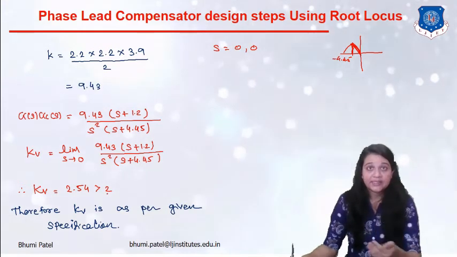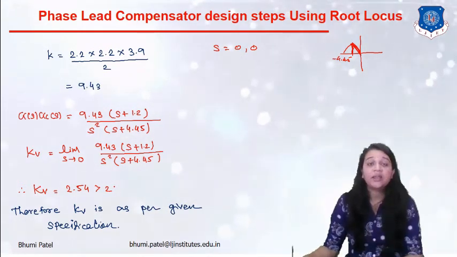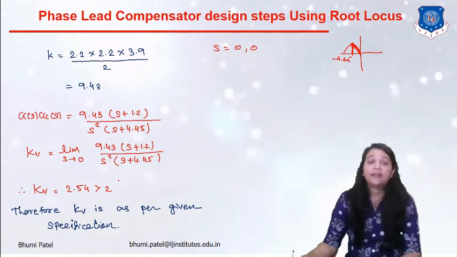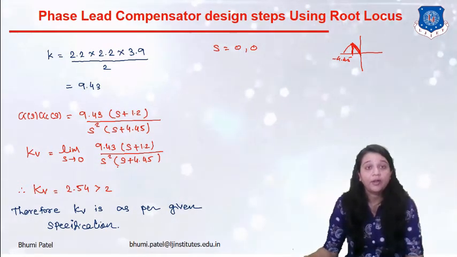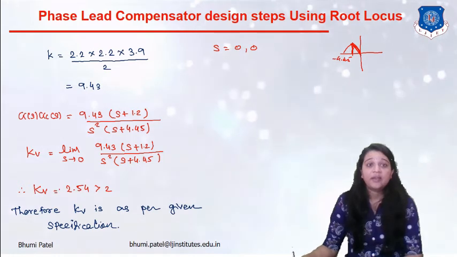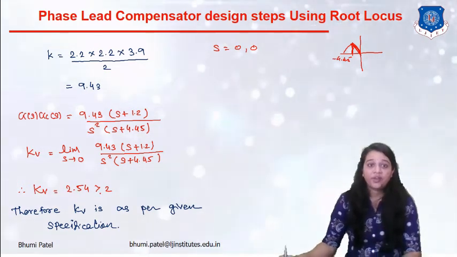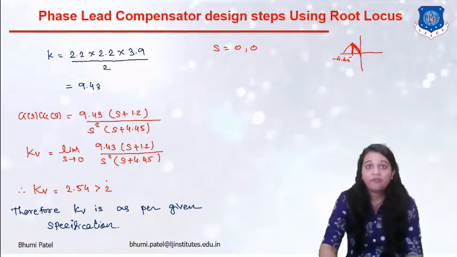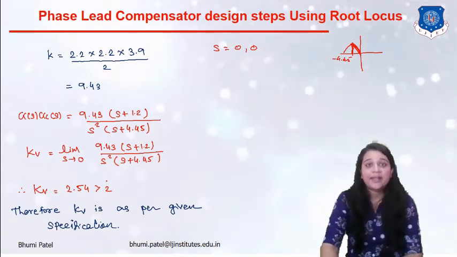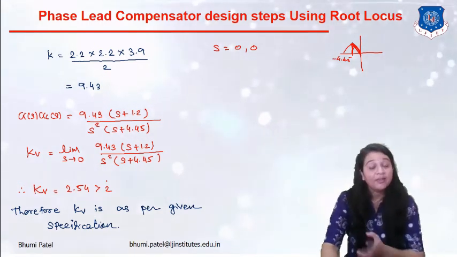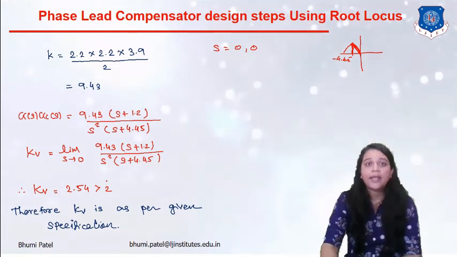In the question, KV is given as greater than or equal to 2. So here you can see that we get KV 2.54, therefore KV is as per the given specification. We get KV greater than 2.